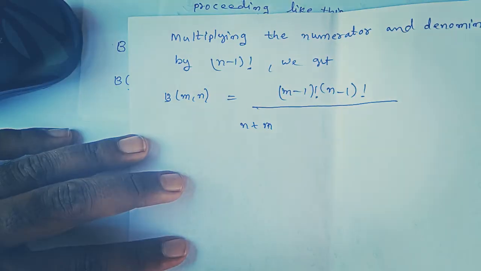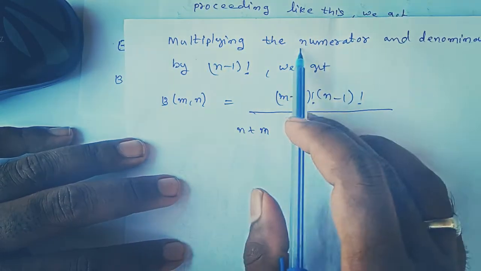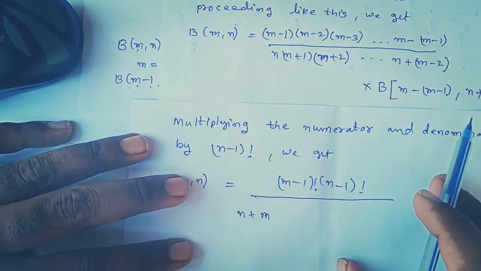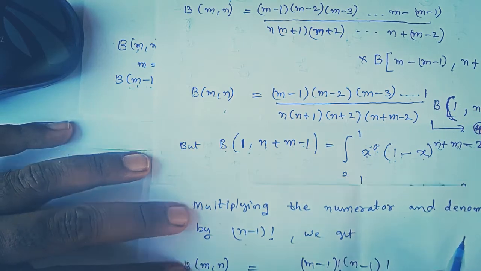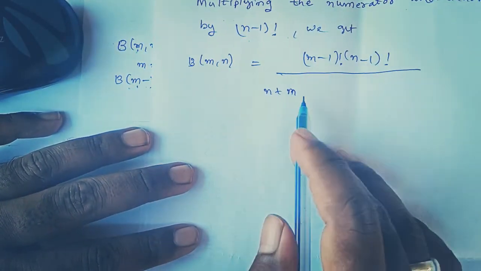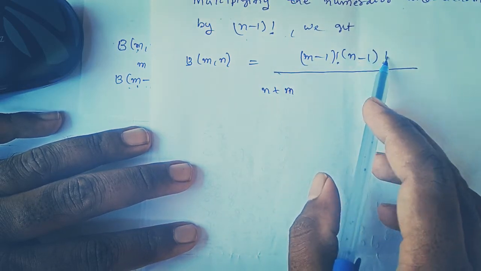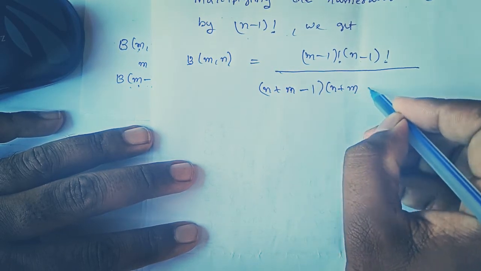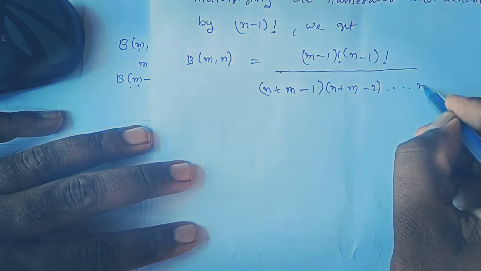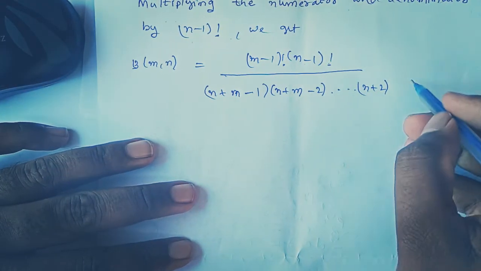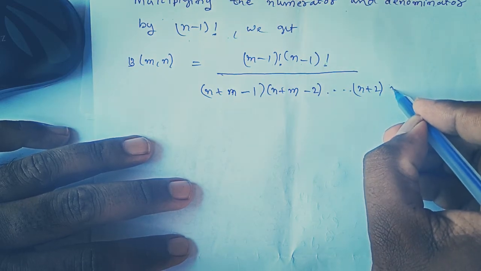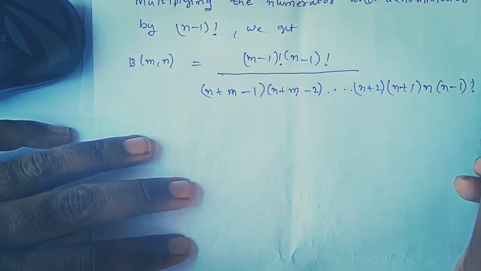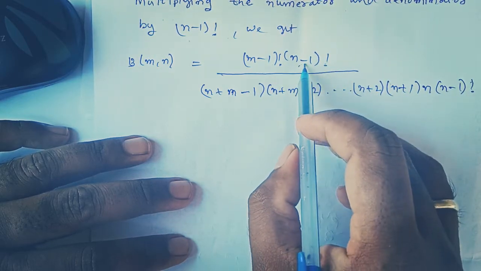Okay, now by multiplying the numerator and denominator by n minus 1 whole factorial, we get m minus 1 factorial into n minus 1 factorial by n plus m minus 1 into n plus m minus 2 into and so on, n plus 2 into n plus 1 into n into n minus 1 factorial, because we multiply and divide with n minus 1 whole factorial, numerator and denominator.